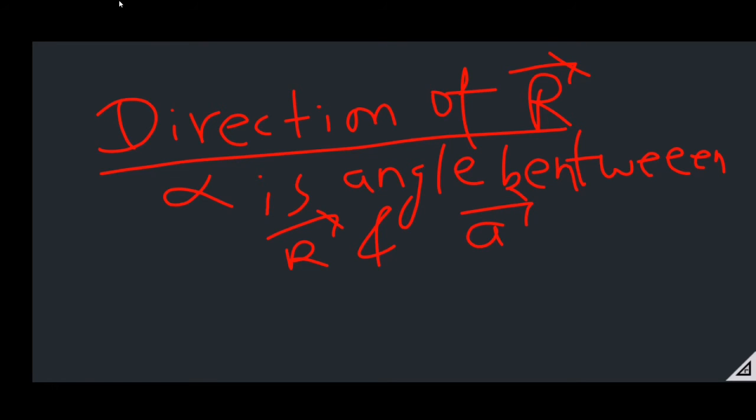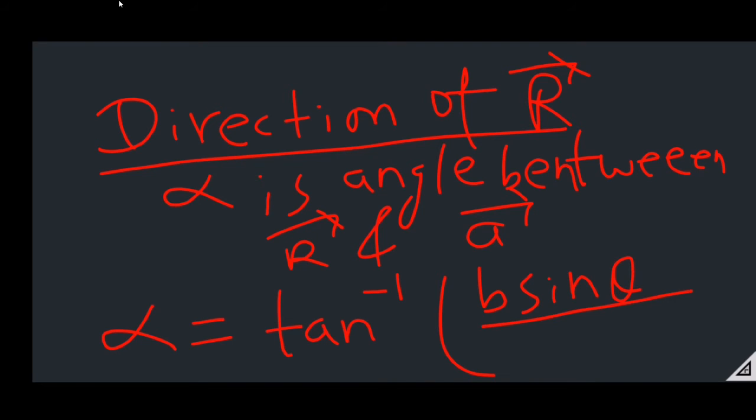So in such case, the direction is obtained by alpha equals tan inverse of B sin theta upon A plus B cos theta.